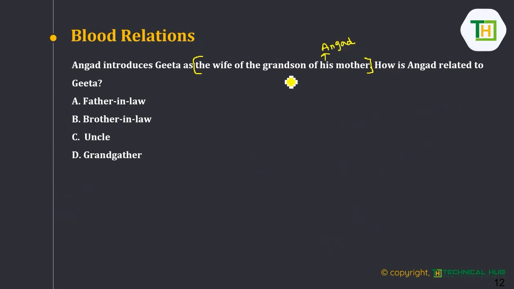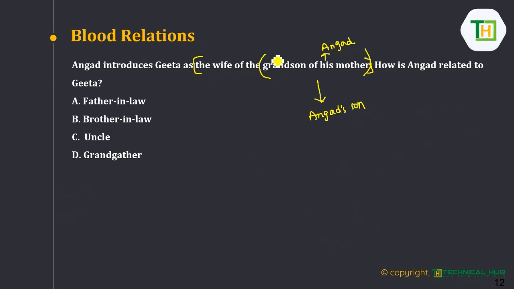So it means the wife of the grandson of Angad's mother. First, I break this sentence: the grandson of Angad's mother. Who can be the grandson of Angad's mother? Angad's mother's grandson is nothing but Angad's son.